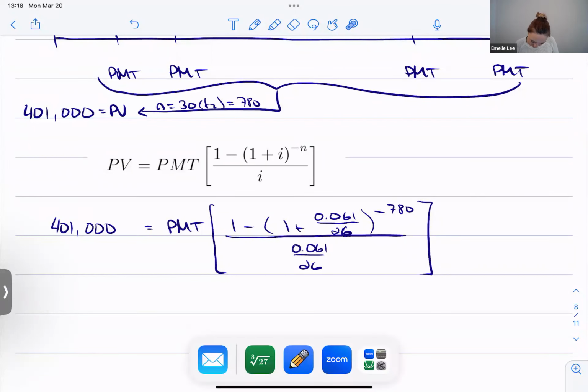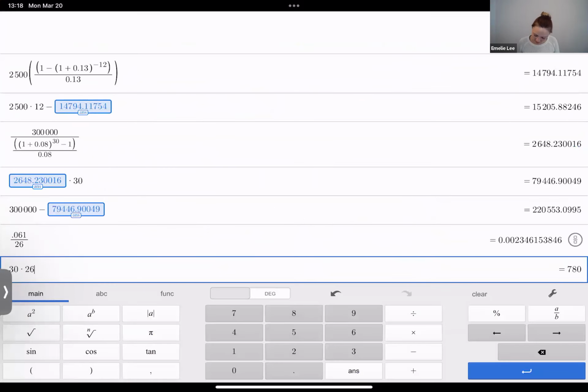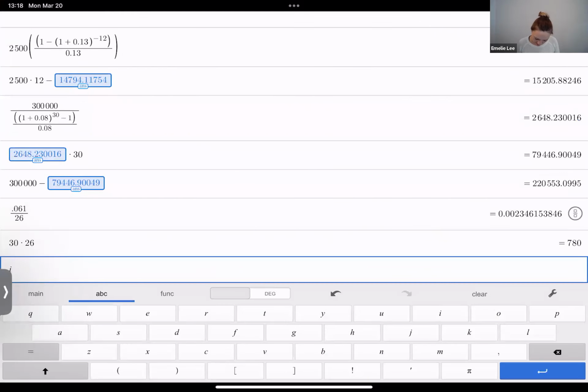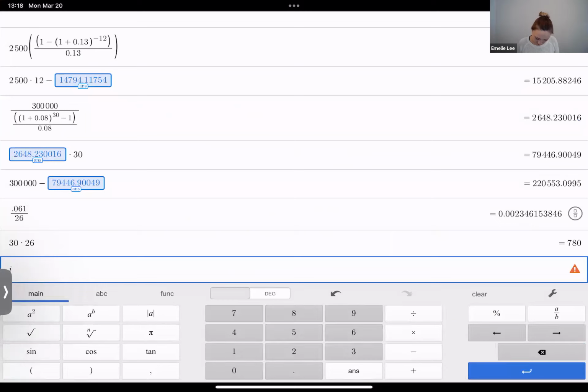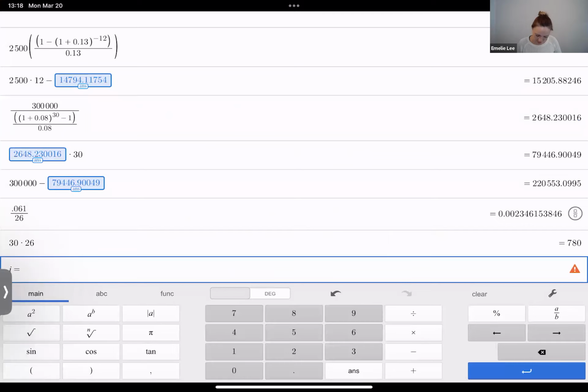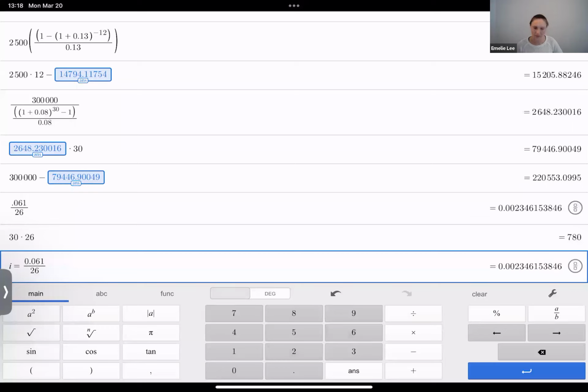But what am I going to do here? First thing I'm going to do is I'm going to label this I, and hopefully, I don't think I is reserved. So I'm going to use that and say I equals, because then I'm going to be able to refer to I as a variable, which is 0.061 divided by 26.